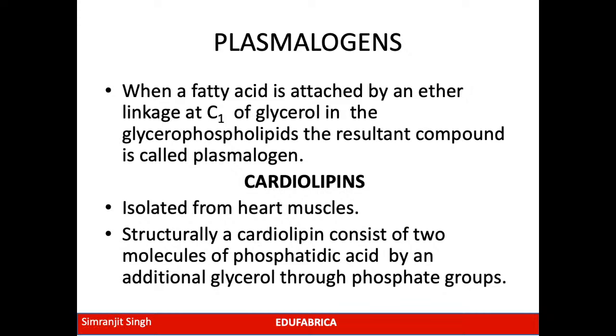Then plasmalogens. When a fatty acid is attached by an ether linkage at the carbon 1 of glycerol in the glycerophospholipids, the resultant compound is called plasmalogen. And the cardiolipins are isolated from the heart muscles, and structurally cardiolipin consists of 2 molecules of phosphatidic acid with an additional glycerol joined through the phosphate groups.